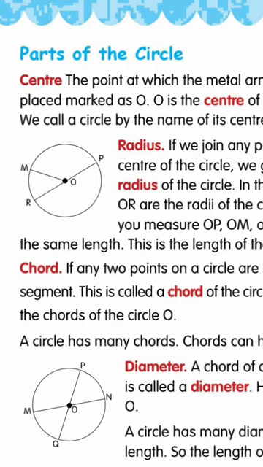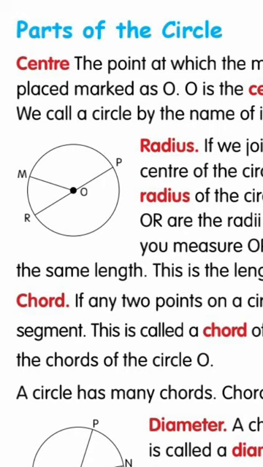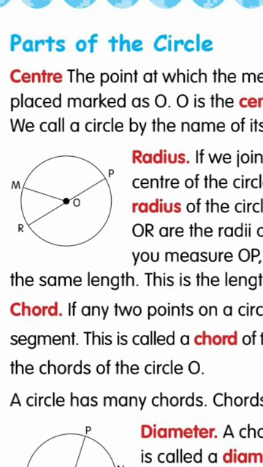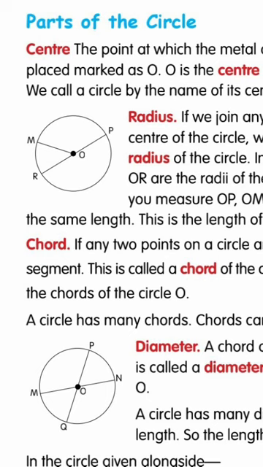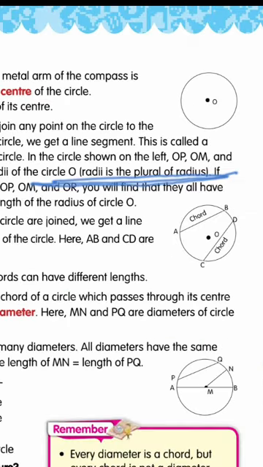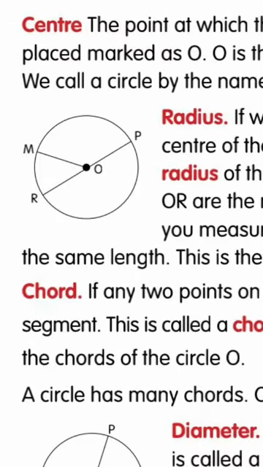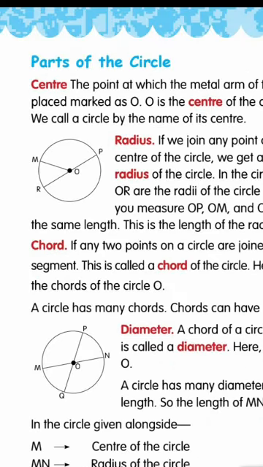So, here OP, OM and OR are the radii of the circle. Radii is the plural of radius. So this circle has three radii, OP, OR and OM.